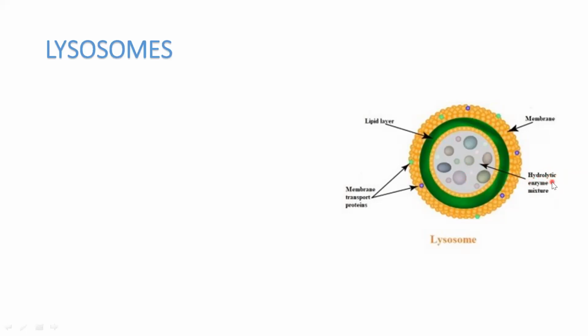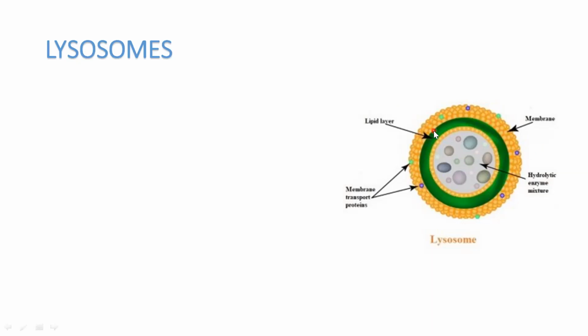Okay, so with the use of water molecules, these particular enzymes will break other molecules. Either it may be a protein, or a nucleic acid, or a lipid. So this lysosome has the capacity to break all the molecules.